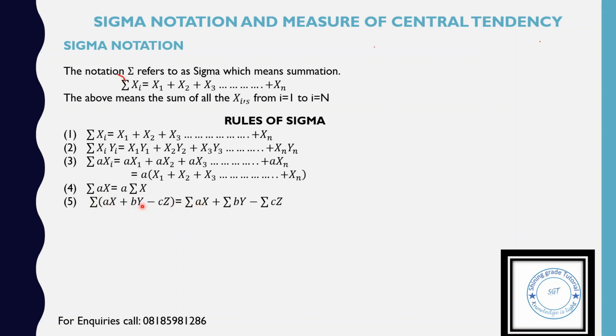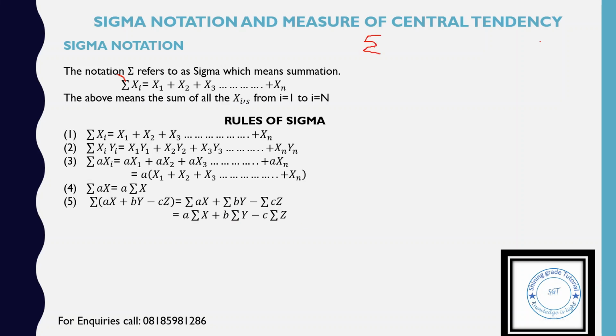That's the logic behind that. So that is sigma of ax, plus sigma of by, minus sigma of cz. Since a, b, c are constants, you can bring them out as products of the sigma. Let me give you an example that will specify that.